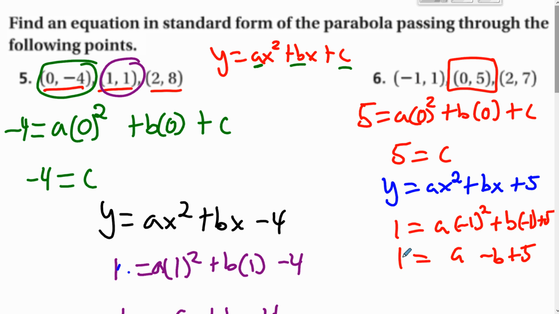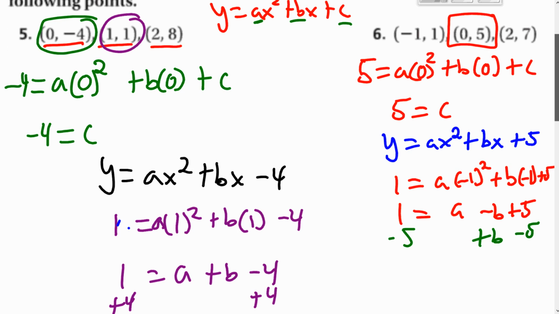So here I probably just want to solve for a because it's positive. So I'm going to add b, sorry, and subtract 5 from both sides. That probably looks ugly, so we'll fix that. So I'm going to subtract 5. So 1 minus 5. And then I'll add b after that.